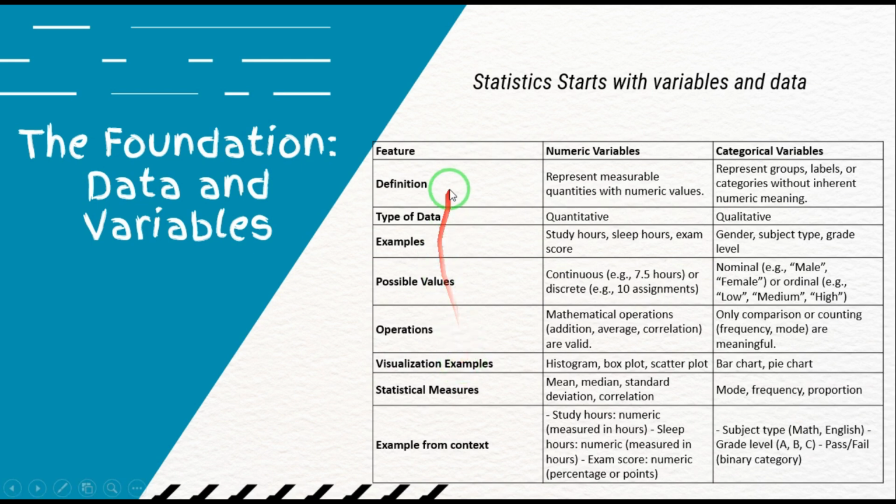Some of these variables are numbers, some are categories, and understanding these types helps us decide what models or visualizations to use. Here is a summary about variable types and their features that you can see in this table. So if you want to take a screenshot, go ahead and pause the video. Machine learning doesn't change this. If you don't understand your variables, even the most advanced models will give you nonsense.